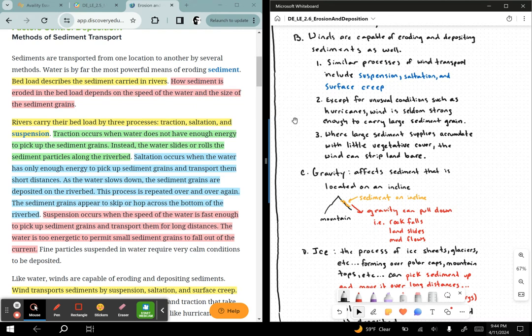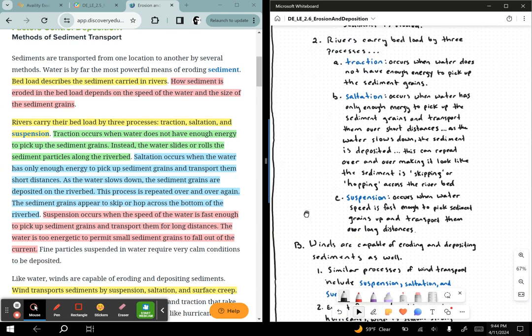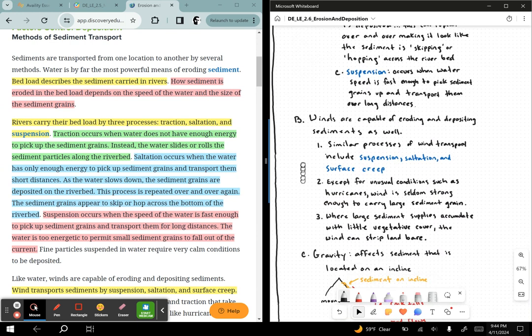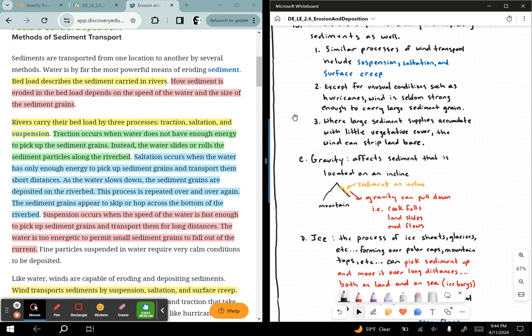And then you have surface creep, which is very similar to what term we had for water? Traction, right? So you can have surface creep, where something just gets dragged little by little. Maybe a bigger object that the wind doesn't have enough speed to pick up.